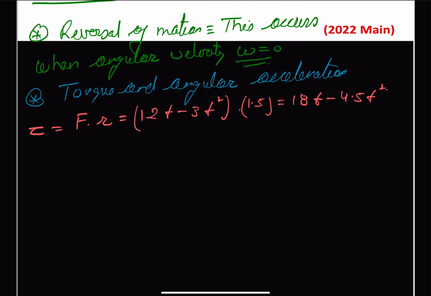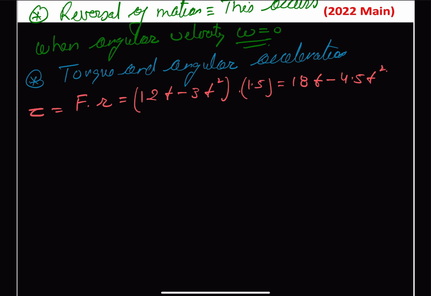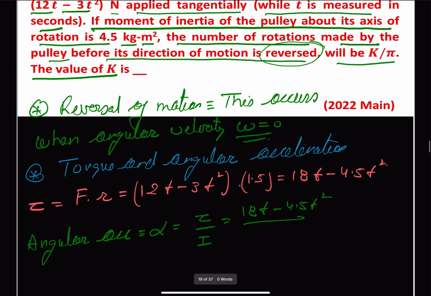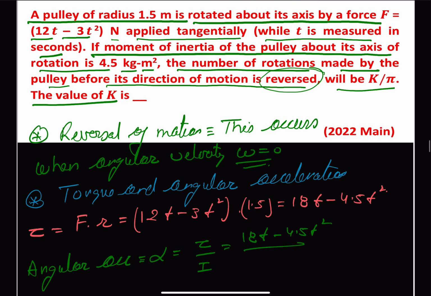Now we can easily find out our angular acceleration from here. Angular acceleration, which is alpha, will be equal to tau upon the moment of inertia, that is I. Tau is 18t minus 4.5 t square, and moment of inertia about the axis is given to us as 4.5.